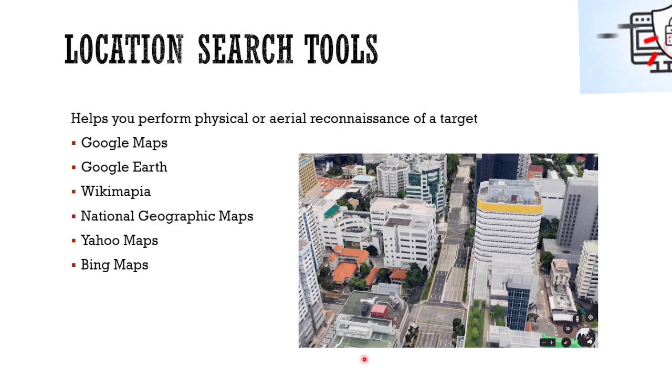You might go and sit in their lobby and try to plant some kind of device. We can use Google Maps, Google Earth, Wikimapia, Yahoo, Bing, National Geographic Maps. There are lots of services online that will allow us to visually look at the physical location of the target from different angles.